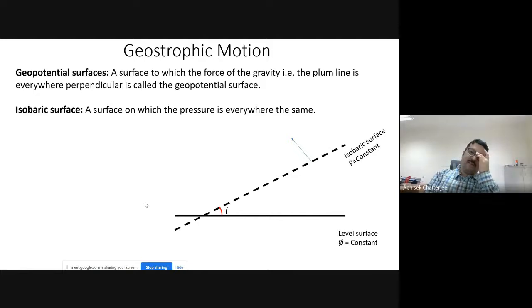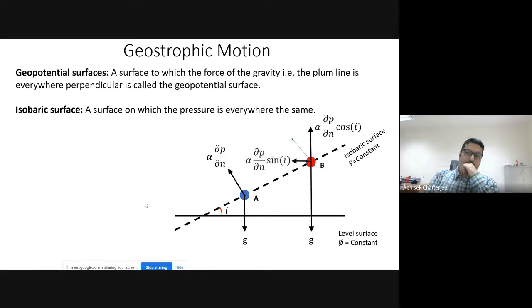Then we looked at geostrophic motion. In the geostrophic motion, what we found is that, suppose we have an isobaric surface. Last time I spoke to you about what is meant by isobaric surface and what is meant by level surface, that means equipotential surfaces.